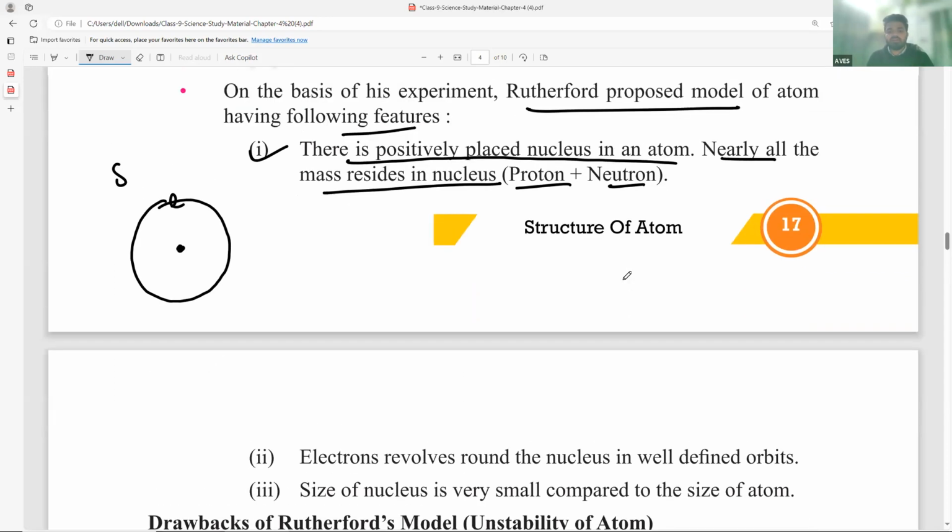And electrons revolve around the nucleus in well-defined orbits. The size of the nucleus is very small as compared to the size of the atom. So please note this also. Well-defined orbit means his structure was similar to that of the solar system. Got it? Note it down, please.